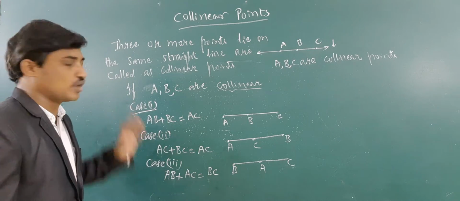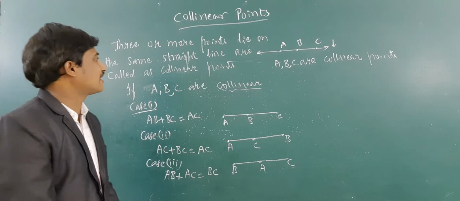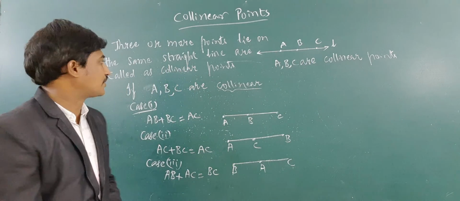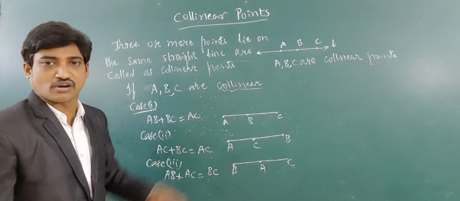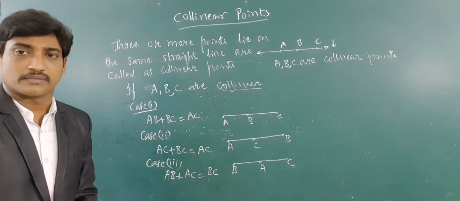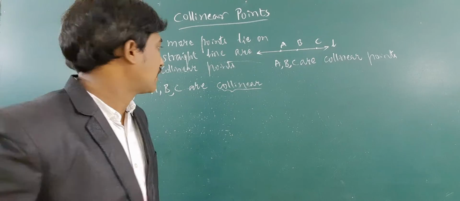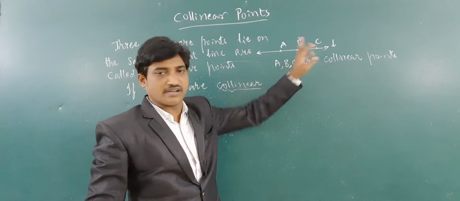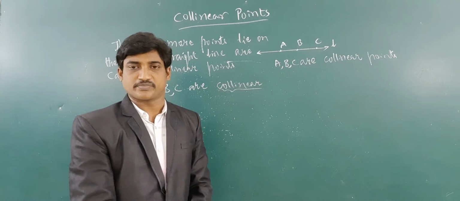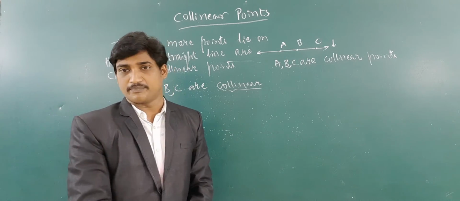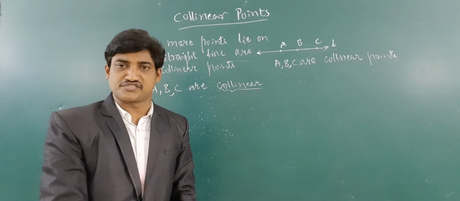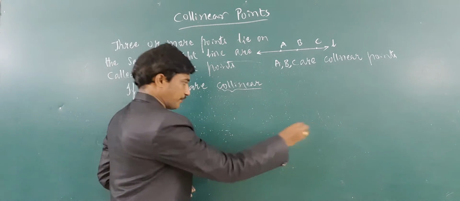This is about collinear points. Three or more points that lie on the same straight line are called collinear points. Here A, B, C are collinear points. If A, B, C are collinear points, can you draw a triangle with A, B, C as vertices? Let us check it out.